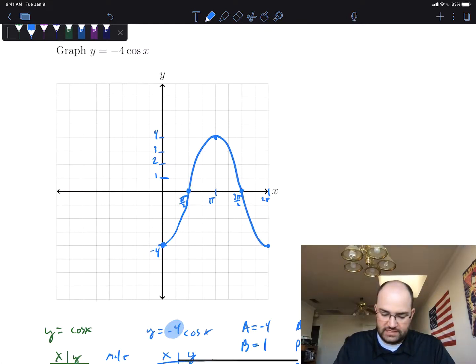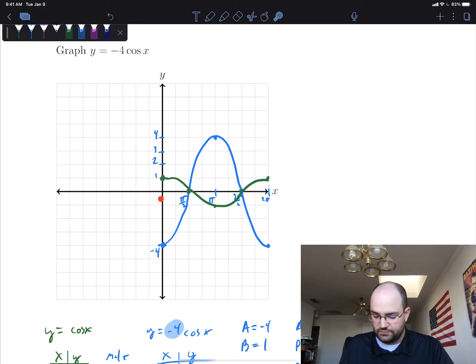By the way, understand that the original function is this. Notice that all of these y values are multiplied by -4, where the negative is a reflection, so it would go down here and go up like that, and then get multiplied by 4, either way.